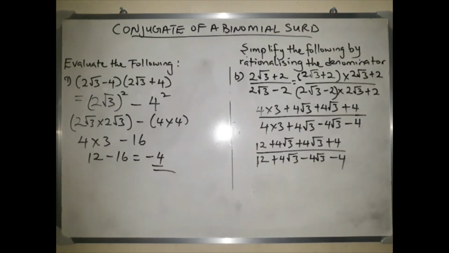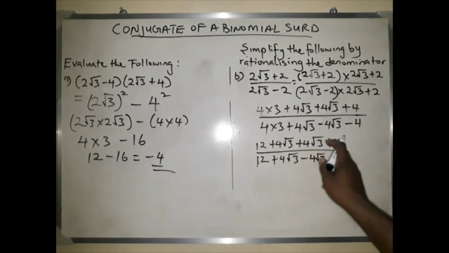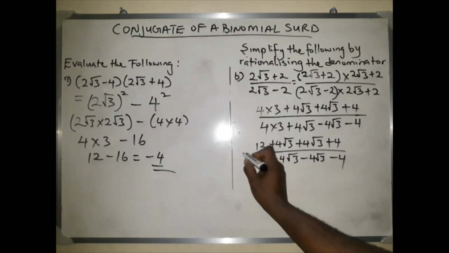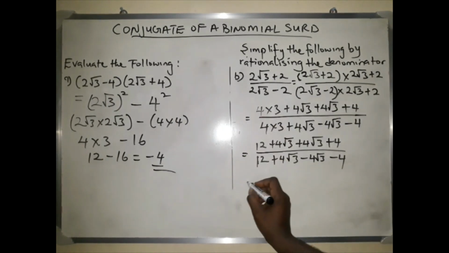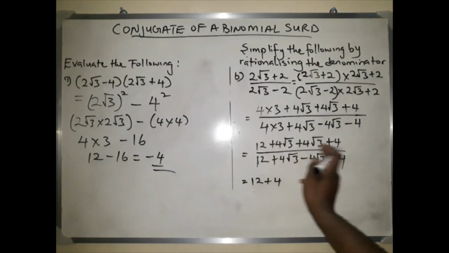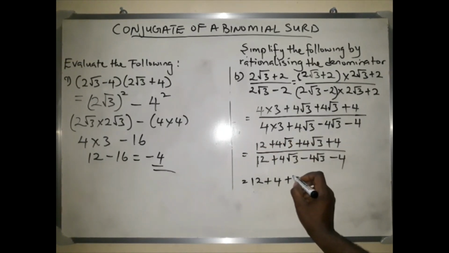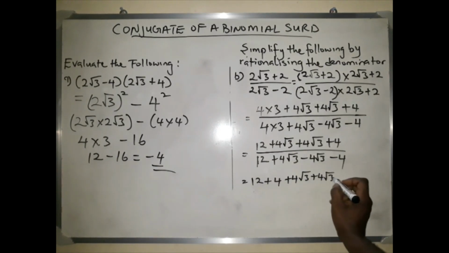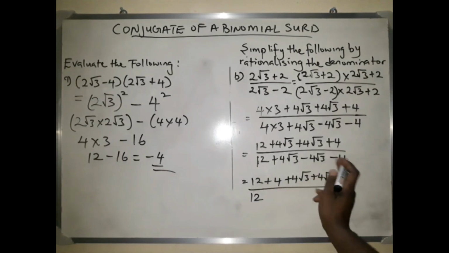You say this is the whole number plus this whole number, then this is another whole number minus this whole number. So here, let's put it here. Here you can now write 12 plus 4, that is, you bring this plus 4 here, plus 4 root 3 plus 4 root 3, all over 12 here, 12 minus 4.